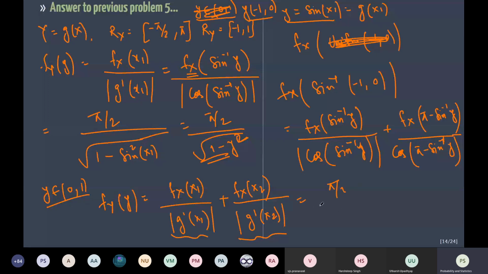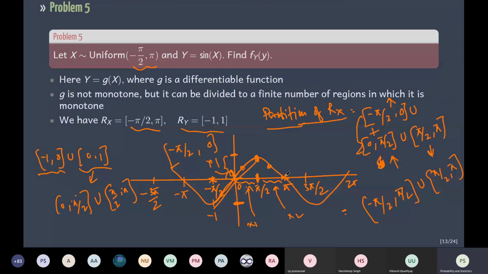So this will be again pi by 2 square root of 1 minus y square, plus, how much would this be? The PDF of pi minus sine inverse y. In this case, it's going from where? Pi by 2 to pi, right?